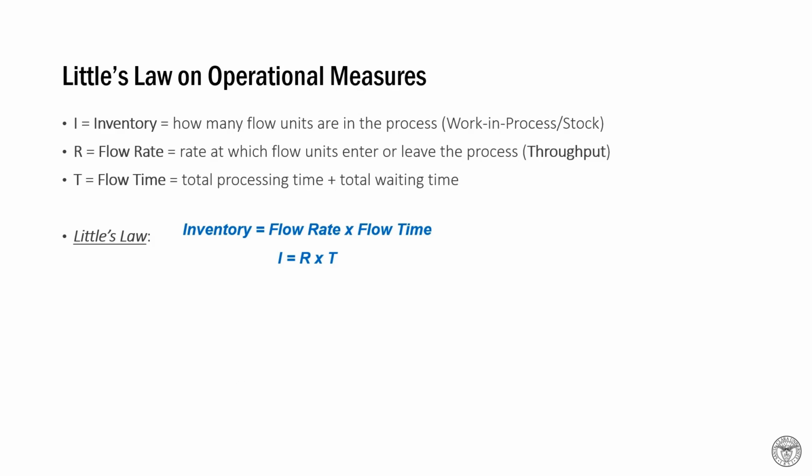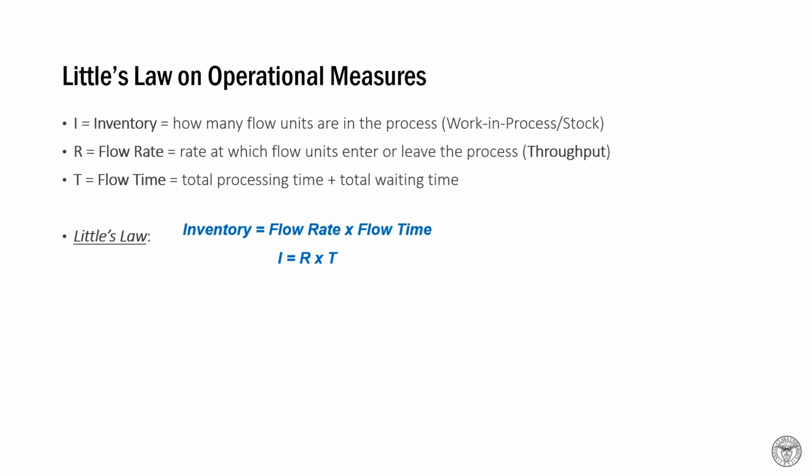Little's Law is a fundamental principle in operations management that defines the relationship between inventory, I, flow rate, R, and flow time, T. It states that the inventory in a system is equal to the product of the flow rate and the flow time.